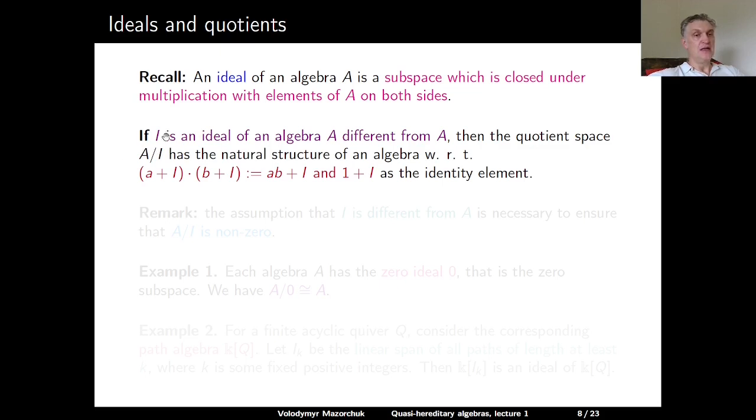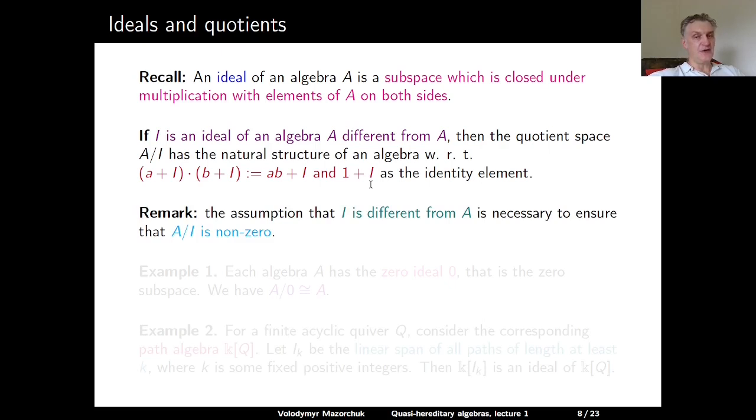And also this space has the identity element given by the class of the identity in A, 1 plus I. Note that the assumption that I is different from A is necessary to ensure that the quotient is non-zero. Of course, if we have the ideal A inside A, we can take the corresponding quotient, but the outcome will be a zero vector space, which is not an algebra according to our definition.